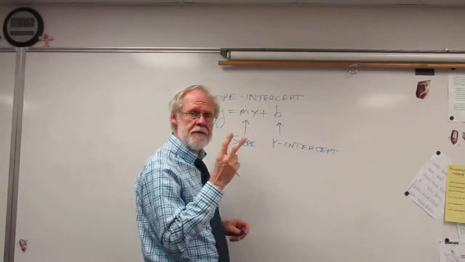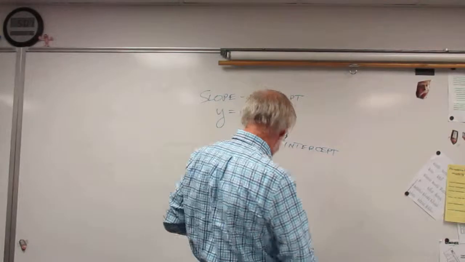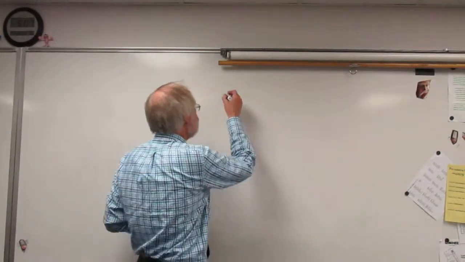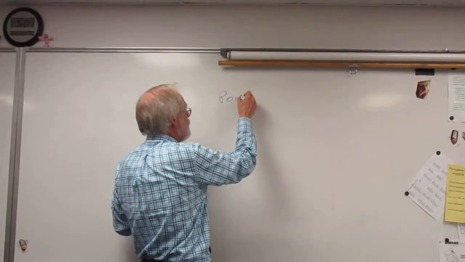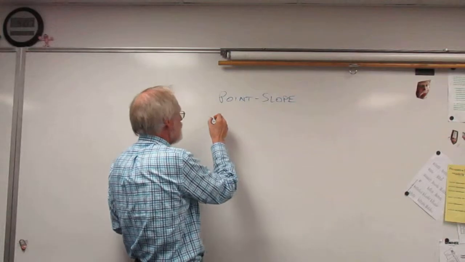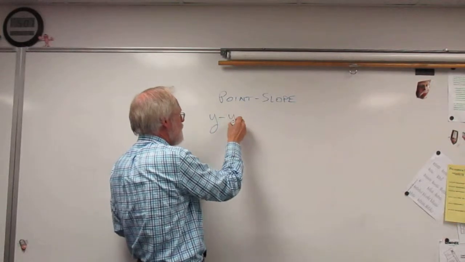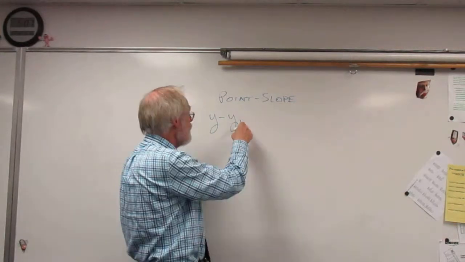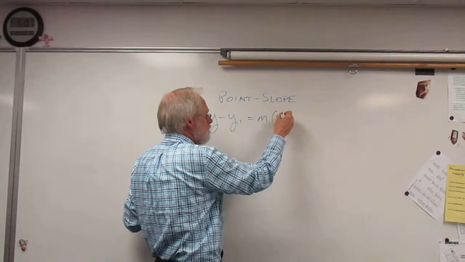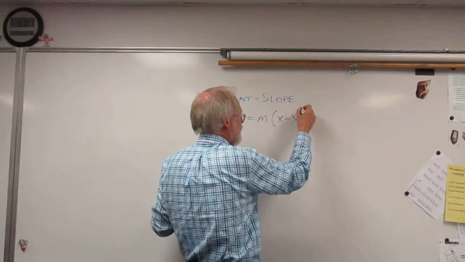Now, there are two other forms for linear equations. One of them is called point-slope form. And that is y minus y1 equals m, the slope, times x minus x1.